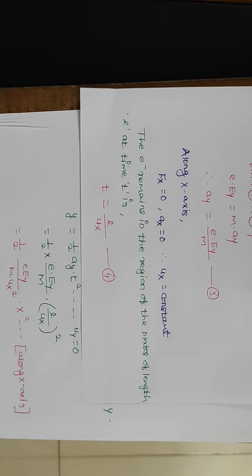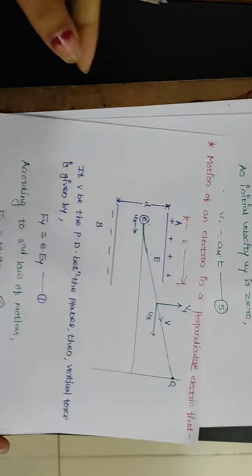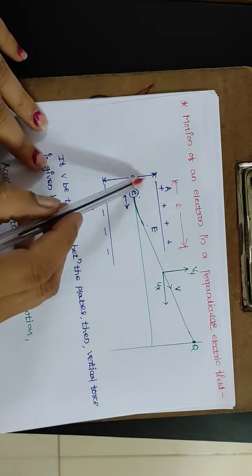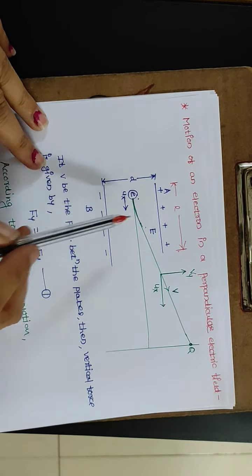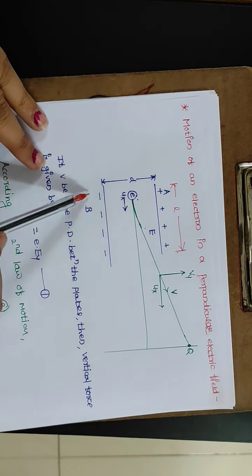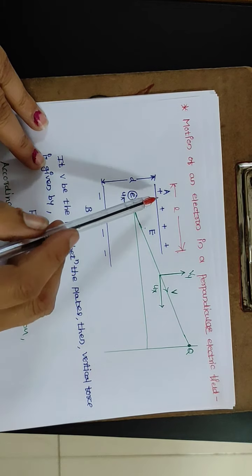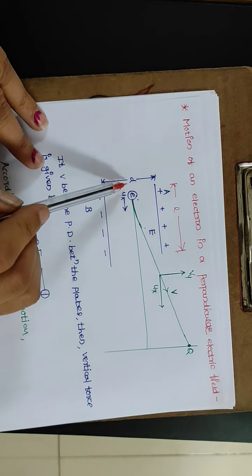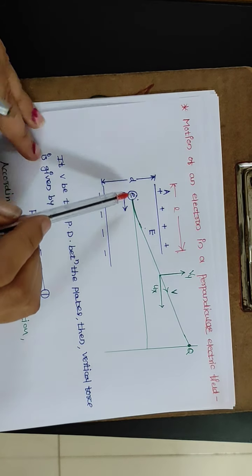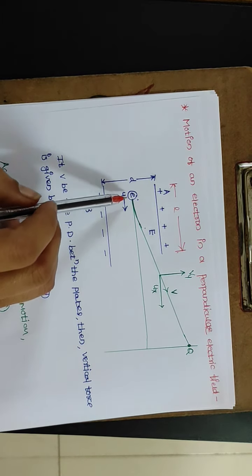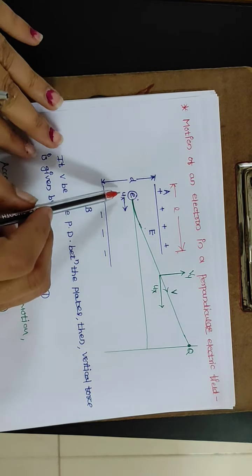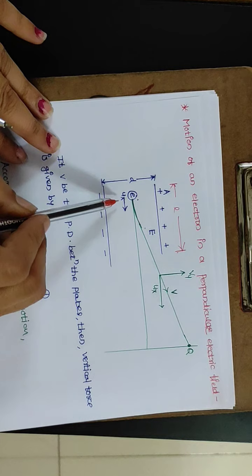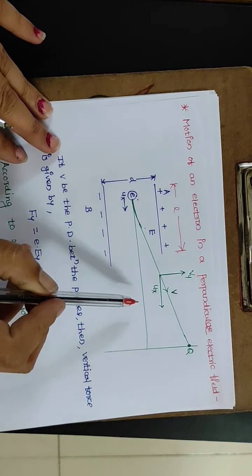Okay, one more time I will explain. See, now consider the two plates A and B, A having positive charge, B having negative charge. These two plates are kept parallel to each other and separated by a small distance d. Now consider an electron having charge e and mass m, moving with initial velocity ux along the x-axis.